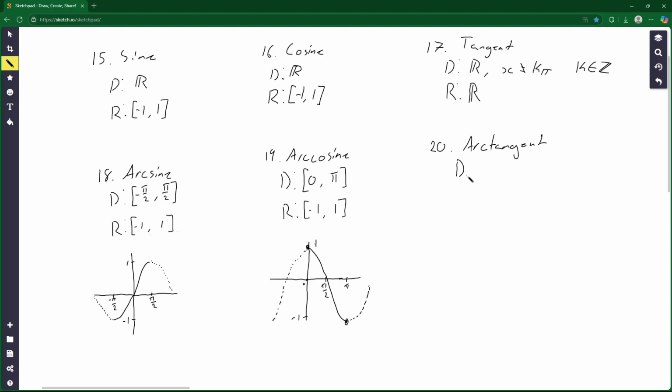Arctangent domain is going to be from -infinity to +infinity. Range is going to be -1 to 1. Not too complicated until you see the graph.